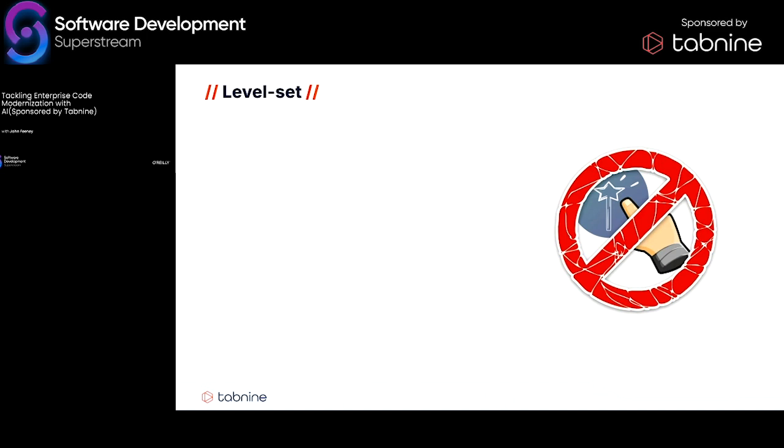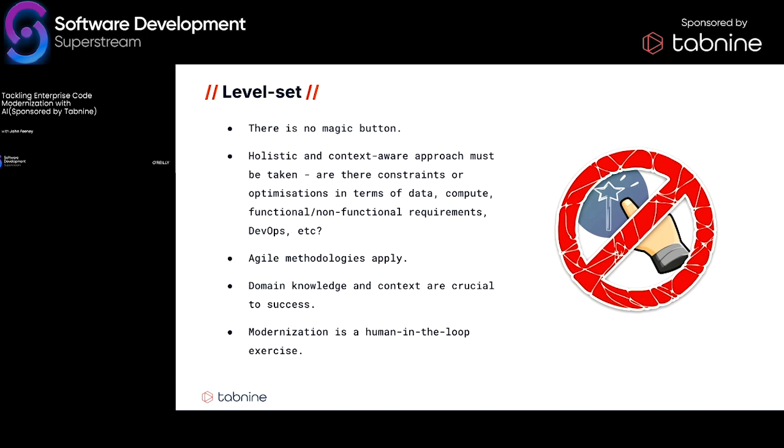Whether you're working on a monolithic application of some sort or working on a cross-domain system, any modernization effort is going to require the involvement of human stakeholders. There's no real way around that. So what you have to do instead is take a really holistic view of things and really consider the context within which this modernization exercise is occurring.